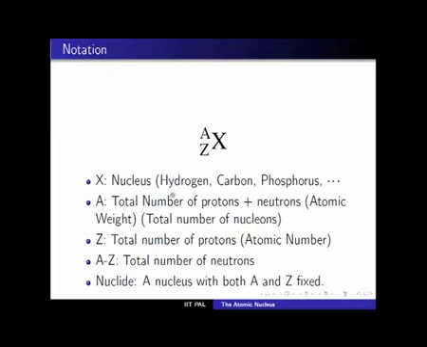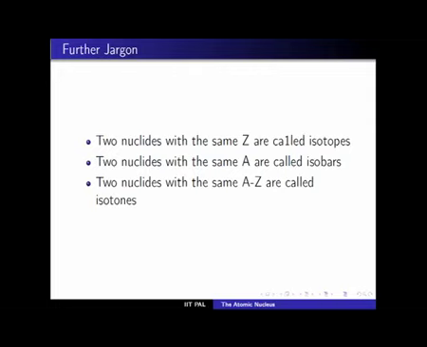This compact notation, A, X, Z, tells me everything about the nucleus, nuclide if you like, and also about the atom, provided it is not ionized, provided it is in the neutral state. Once you have done that, whatever is empirical now becomes a matter of fact. You are able to understand it completely. If you take 2 nuclides with the same Z, they are called isotopes.